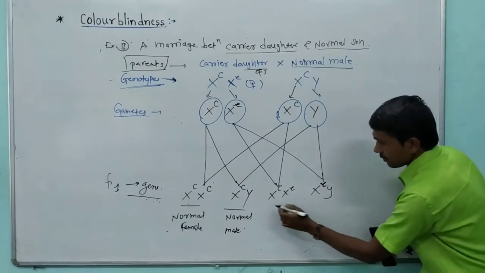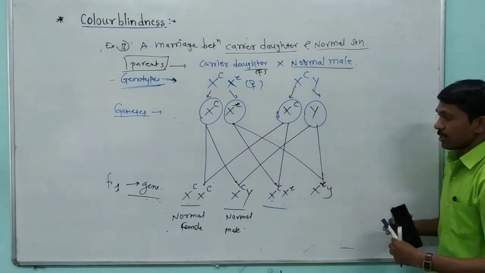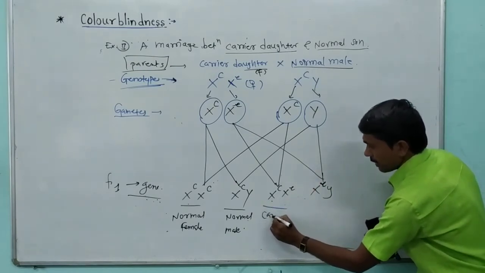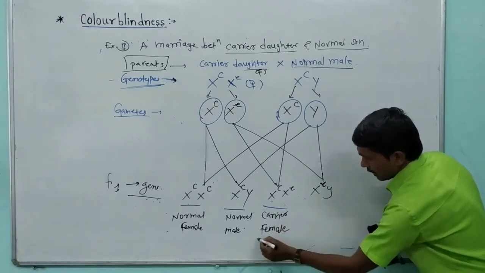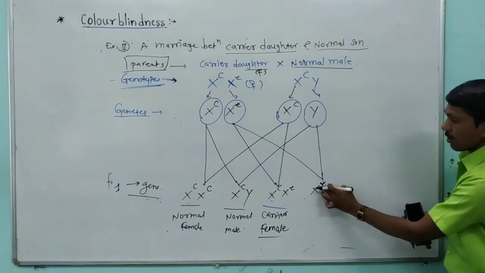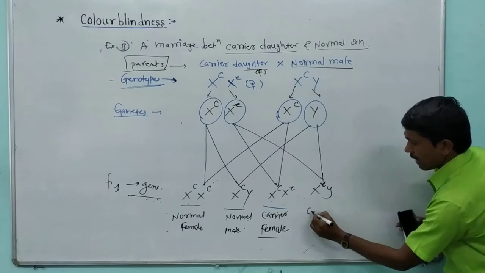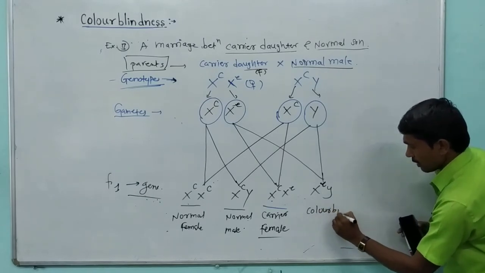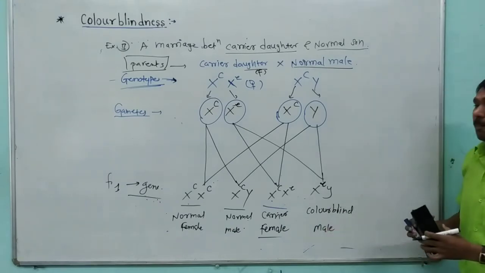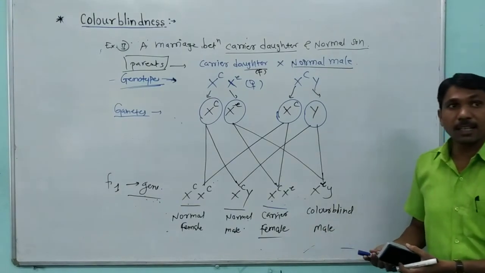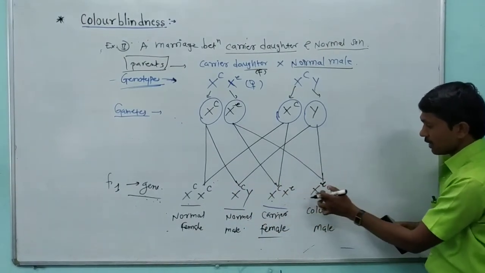And here XC capital and X small c. So here carrier female. Okay. So in the last, X small c Y, the male doesn't have any gene. Okay. So here that is the color blind male. Okay. So the percentage of offspring in the F1 generation is 25%, 25%, 25%, 25%.